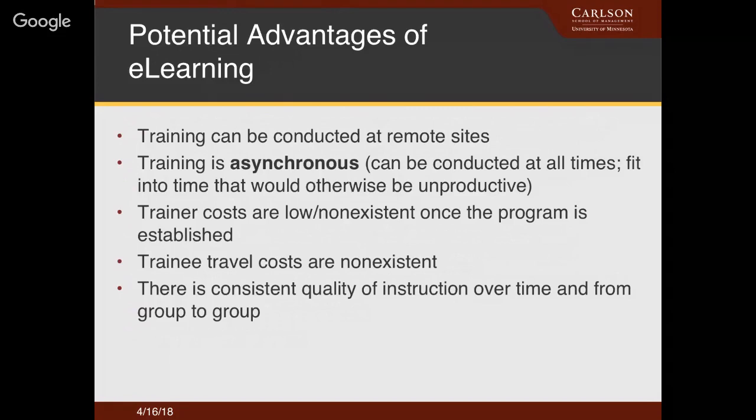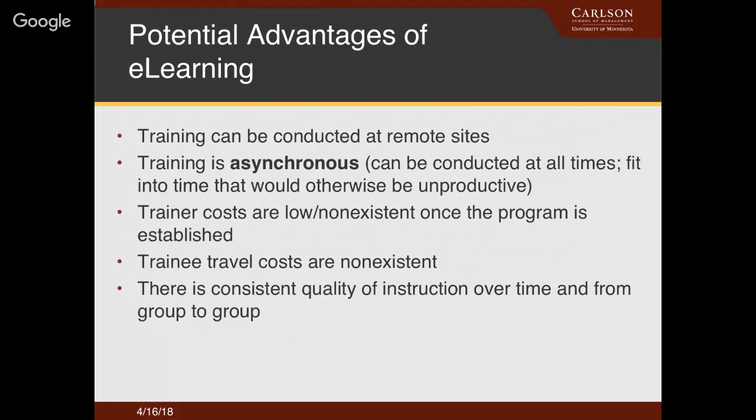Training can be uploaded somewhere where different trainees can complete it at different paces. So sometimes I'll do a combination of both, where I'll conduct live training where people can access it live at remote sites, but then if they're not available to access it, they can get it through some archive and do it at their own pace when it fits into time that would otherwise be unproductive for them.